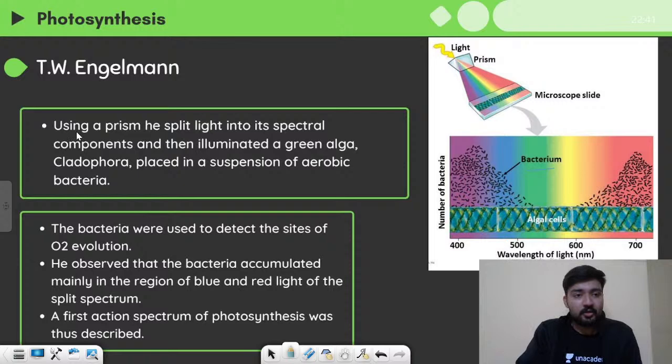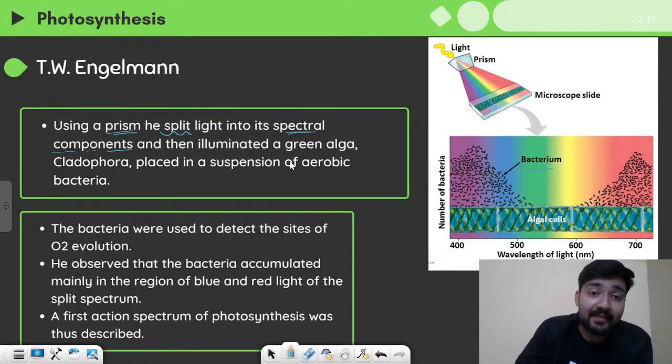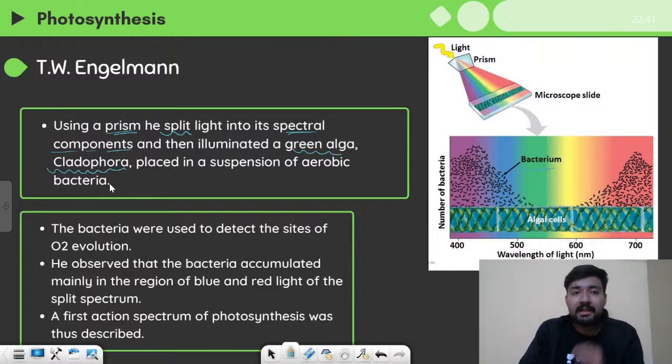Let us see. Using a prism, he split light into its spectral components. So he split light into all its colors and then illuminated green algae, which was Cladophora. Again, you have to remember which particular algae was used. He illuminated the green alga, which was placed in a suspension, a water solution of aerobic bacteria.